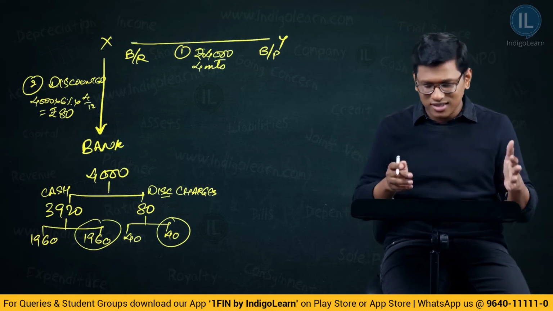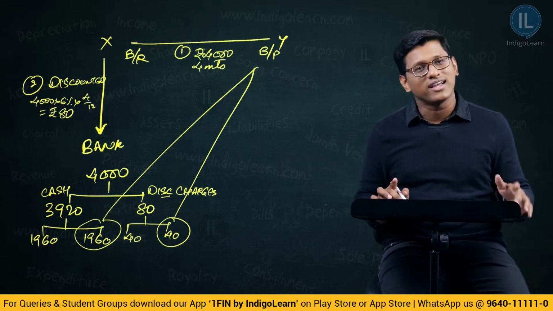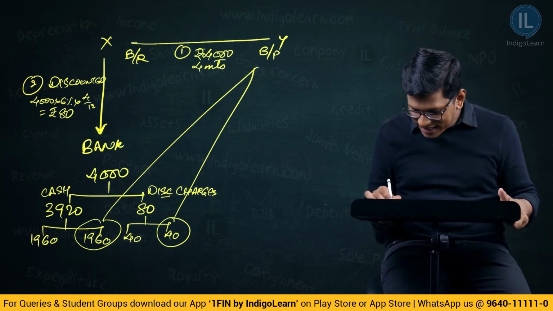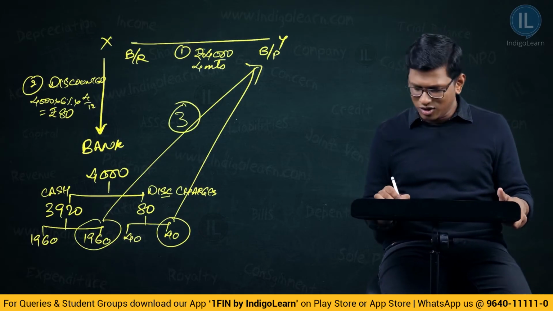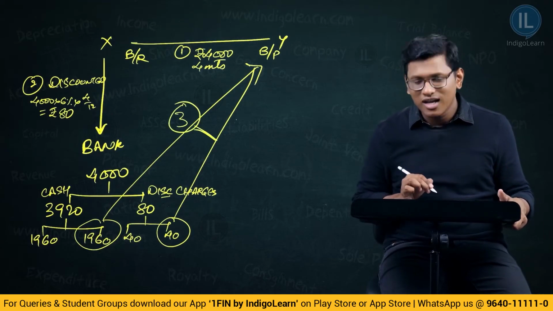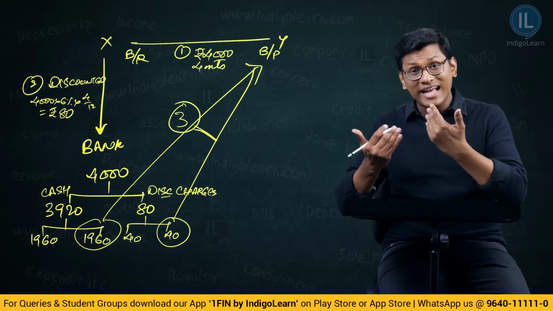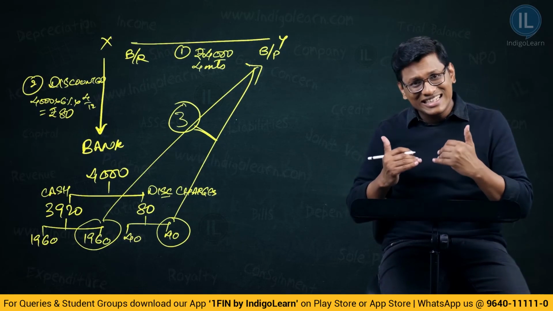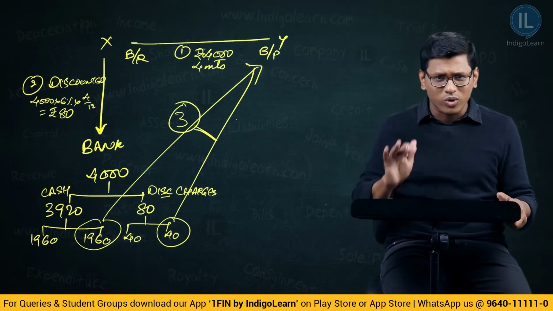Whatever bank charges are there, even this also should be transferred to Y. Are you clear about this? So, both these put together are our third entry, where we are saying we have to transfer this 1960 and 40 to Y. How to transfer? We are going to look into that.